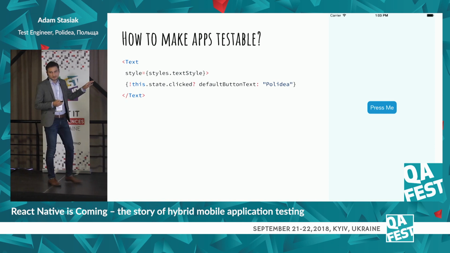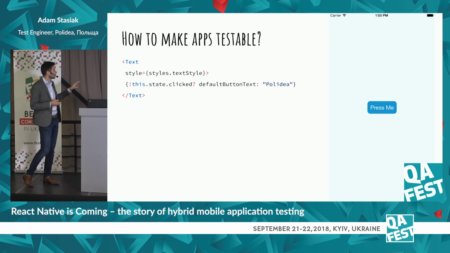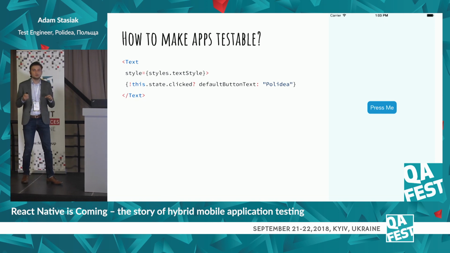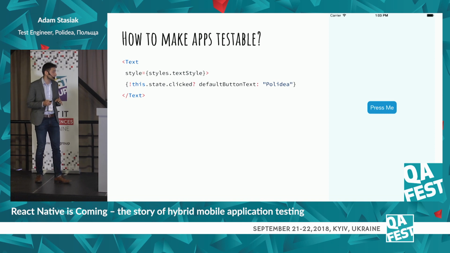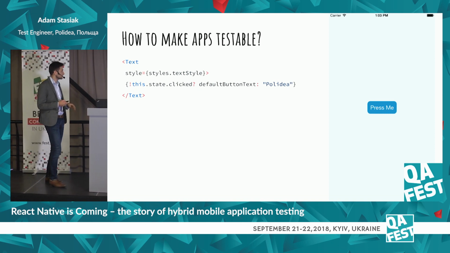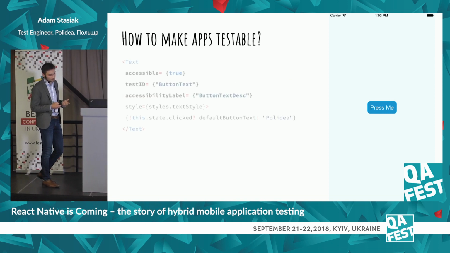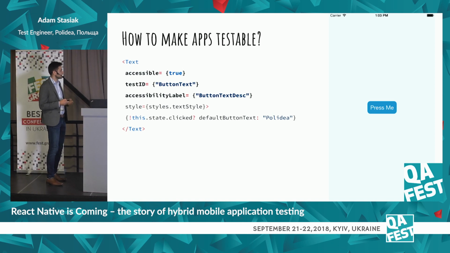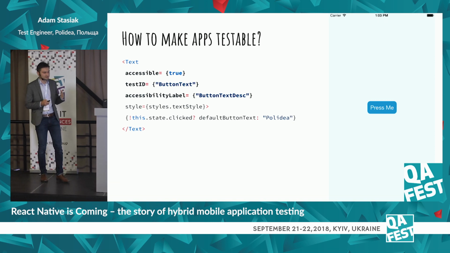On the slide, you can see a piece of code made in JSX. It's a kind of description for views made in React Native. We have to extend this with 3 fields. We have to set accessible and mark it as true, set testID, and accessibilityLabel.